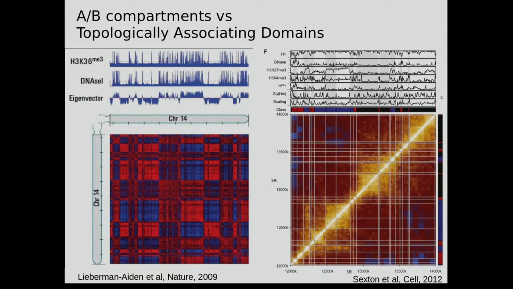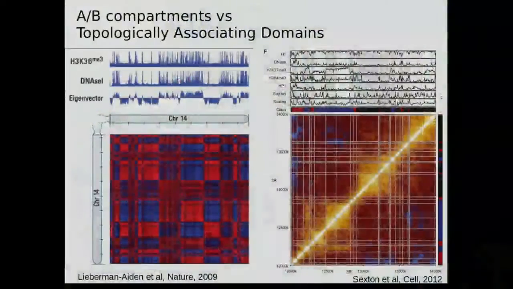So in this case, our training set was actually from Hi-C data, from the Sexton et al. paper, where they looked at the topological features of the chromatin. So this is exactly these lines here. They took Hi-C data and delineated where the boundaries are.